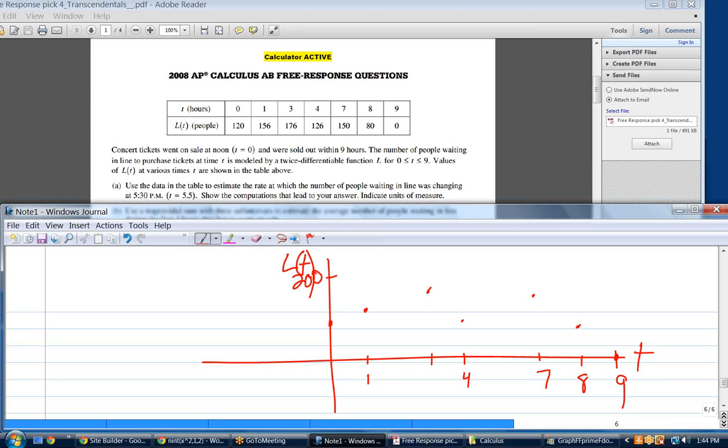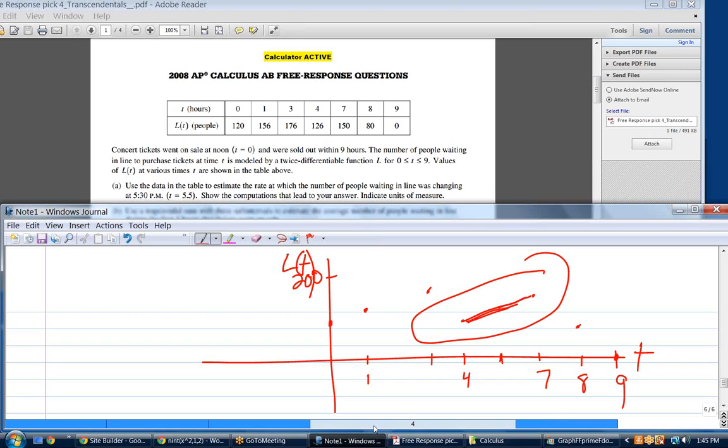But they're asking about the rate of change that's going on right there. Well, clearly that rate of change is the slope of that line. It can't be anything else. We can, at best, connect those two dots with a straight line. So that slope is the rate of change at 5:30. And in fact, the rate of change at any point between 4 o'clock and 7 o'clock is that. What is that slope?